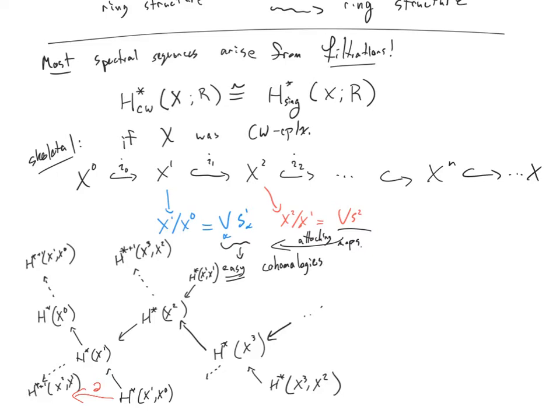So for when you're computing cellular homology, the reason this map ended up squaring to be 0 was because it was made up of these two different pieces that stitched together. So in particular, if you look at the next map up going into this guy, it would come from here to here.